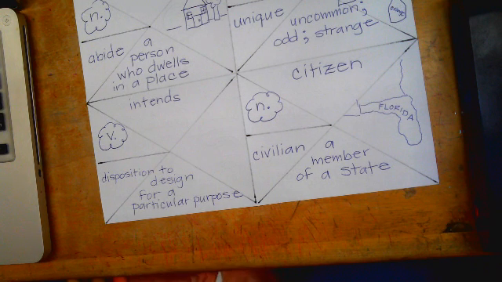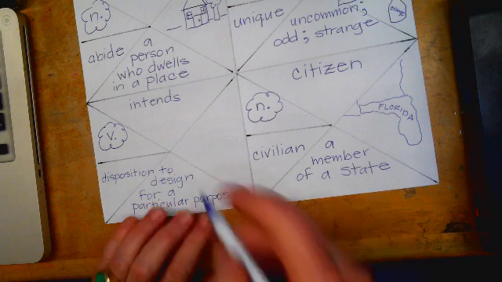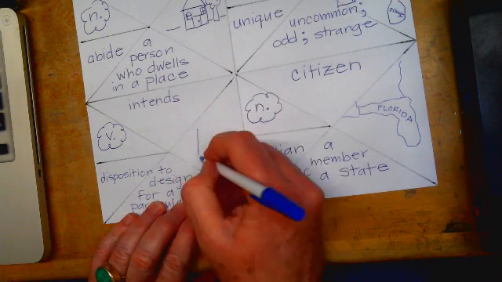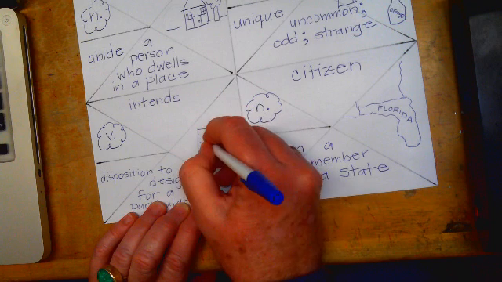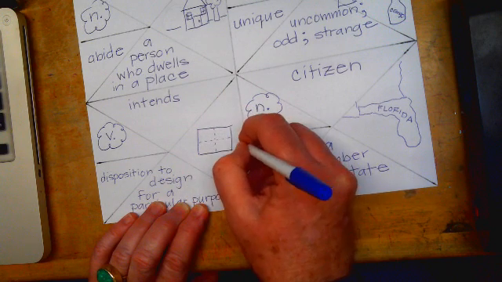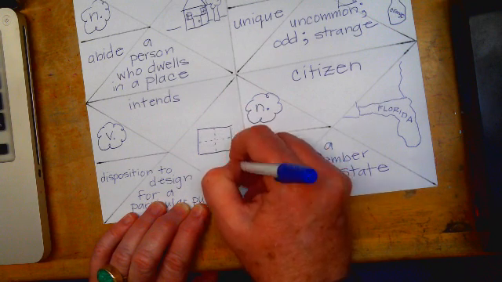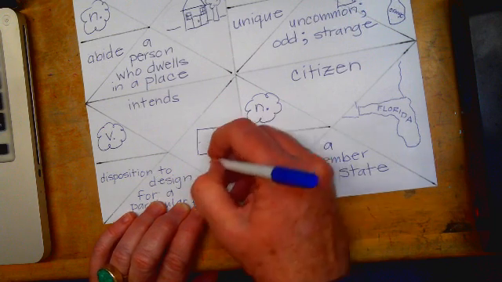So if you intend to do something, it means that you're going to do it for a specific purpose. I might say, like right now, I could say that I intend to show you how to do a vocabulary diamond in this video.